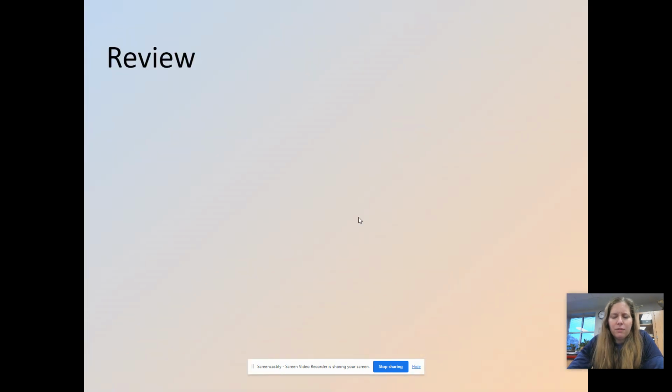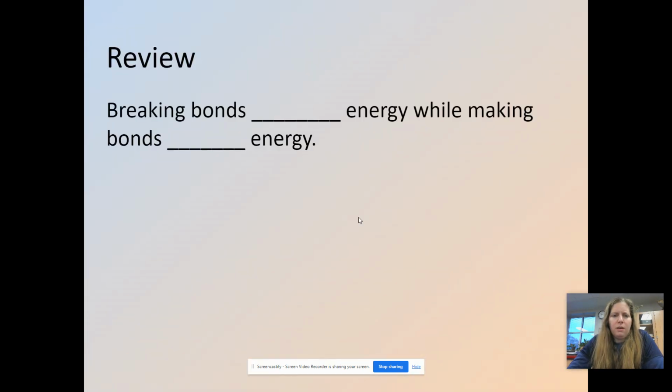So here we go. First of all, just a quick review. Breaking bonds blanks energy, while making bonds blanks energy. So keep in mind, breaking bonds always takes energy. Making bonds restabilizes the atoms, and because they're more stable, it is going to release energy.